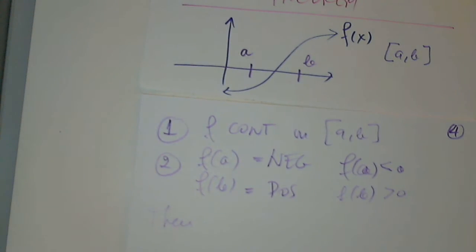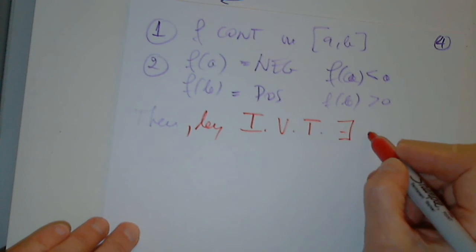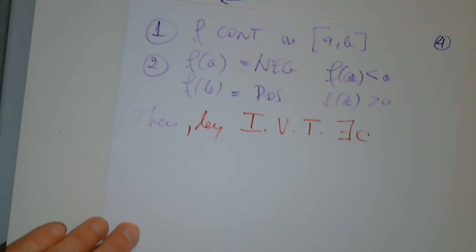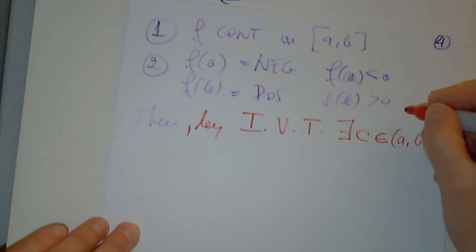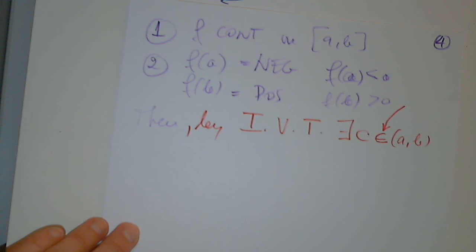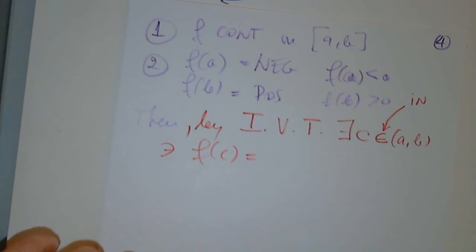Then, by the intermediate value theorem, there exists a c in the open interval (a, b). So this we have not encountered yet, such that f of c must be 0.